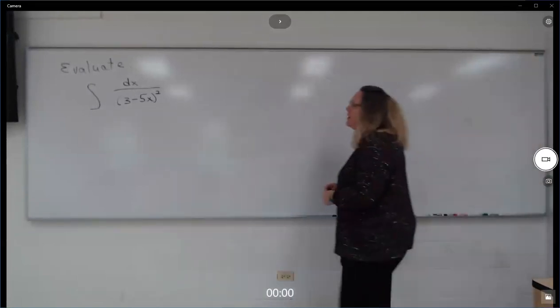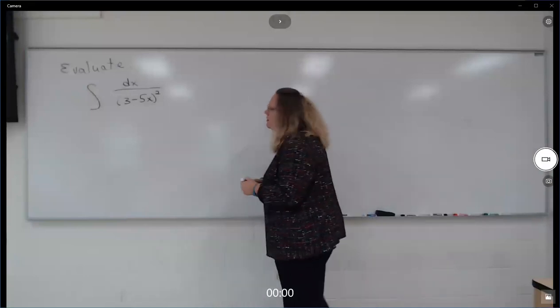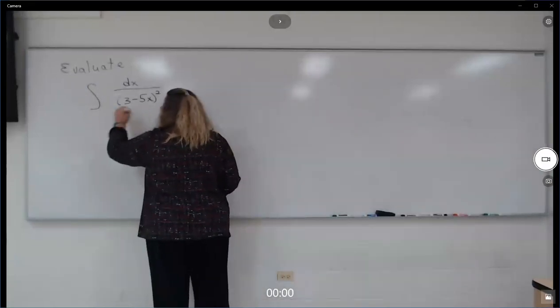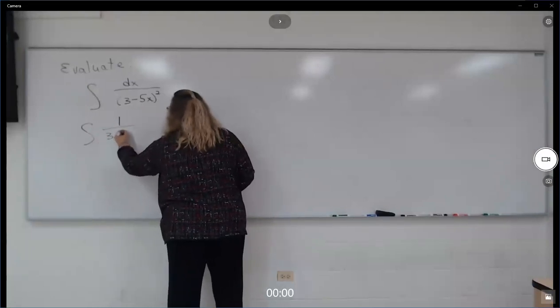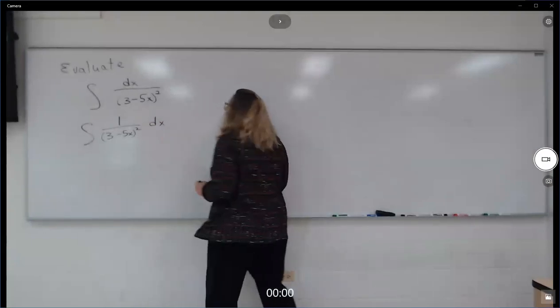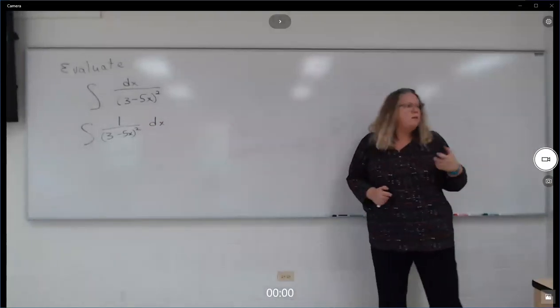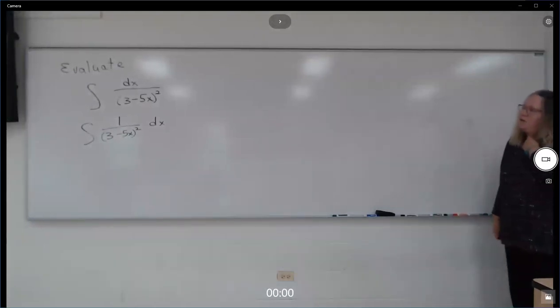And it does make sense, though, that it does have that extra piece. Let's just talk about some other ways that this could be written. You could write this as 1 over 3 minus 5x squared, and then the dx off to the side. Remember that dx is just multiplication, so that's why they can put it in the numerator. Don't let that make it look weird.